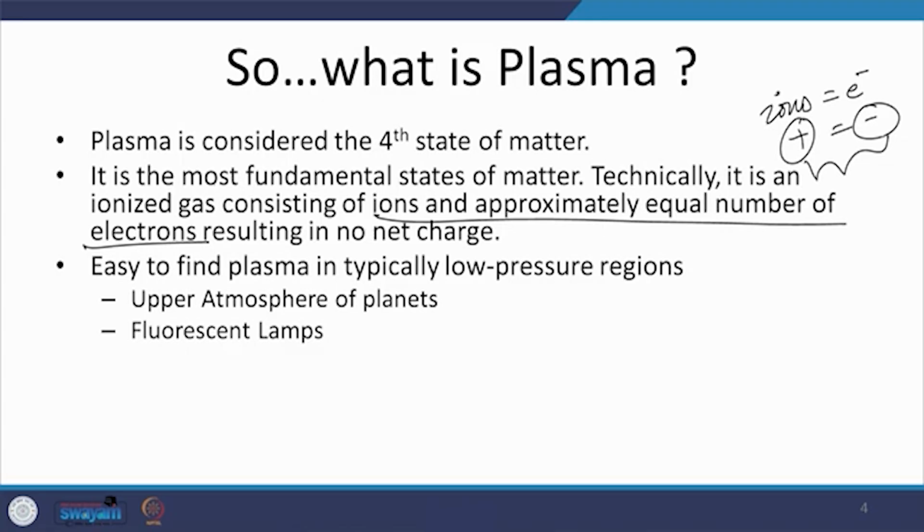So, you can find plasma typically under two different situations. One, very high temperature, or very low pressures, right. It is easy to find plasma in low pressure situations, for example, in the upper atmosphere of planets.